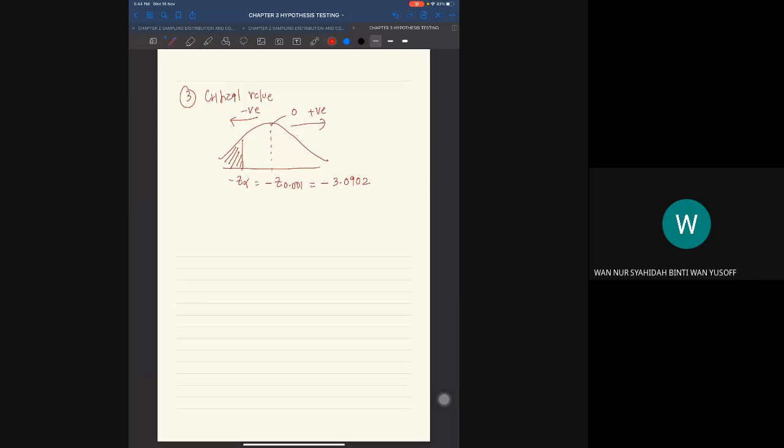When you have the left tail, it is compulsory to write the negative, because for left tail the critical value will be negative for the Z and T distribution.